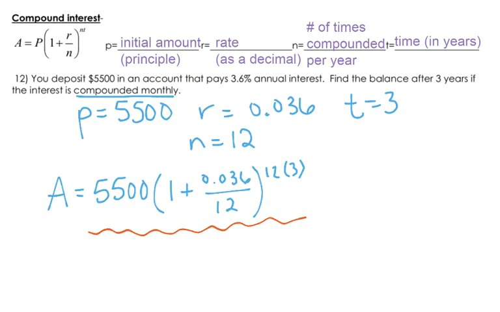You should get, and again this is money, so you should get $6,126.27. If you need help plugging that into your calculator, definitely ask me when you see me next. Alright, let's try another one.